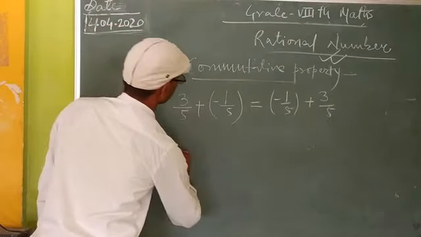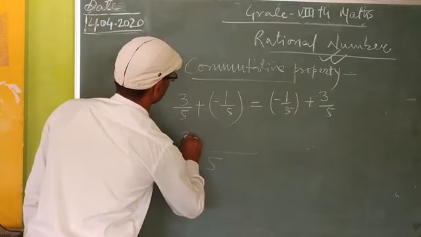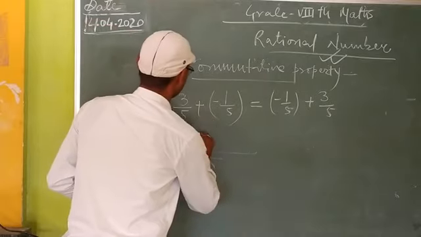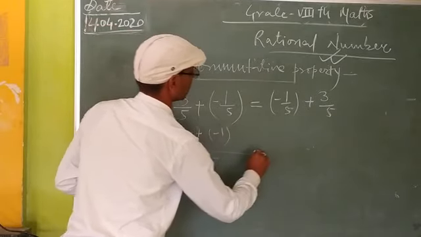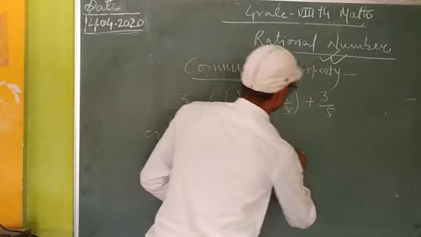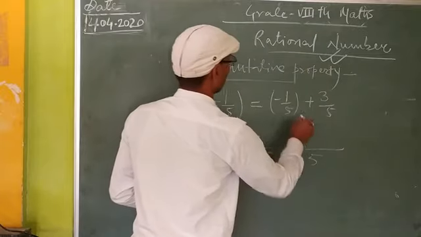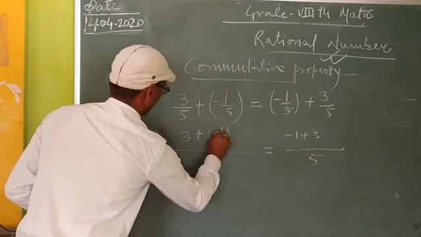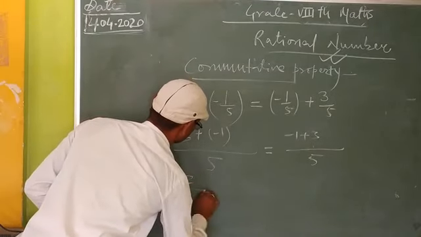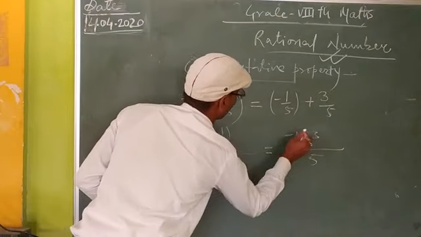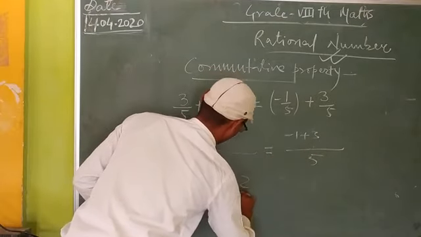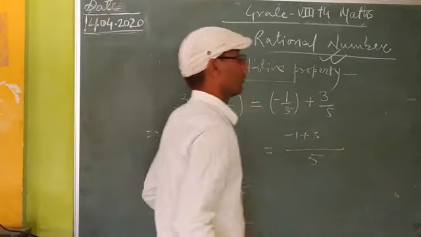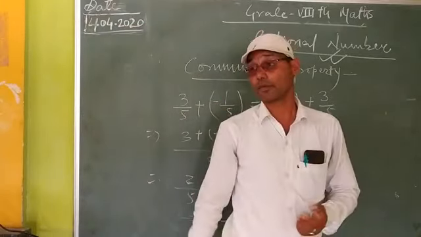Do it. Because denominators are the same, 3 plus minus 1, and on this side also minus 1 plus 3, gives 2 by 5. On this side also 2 by 5. Both are the same, both are rational. This is the case of addition.